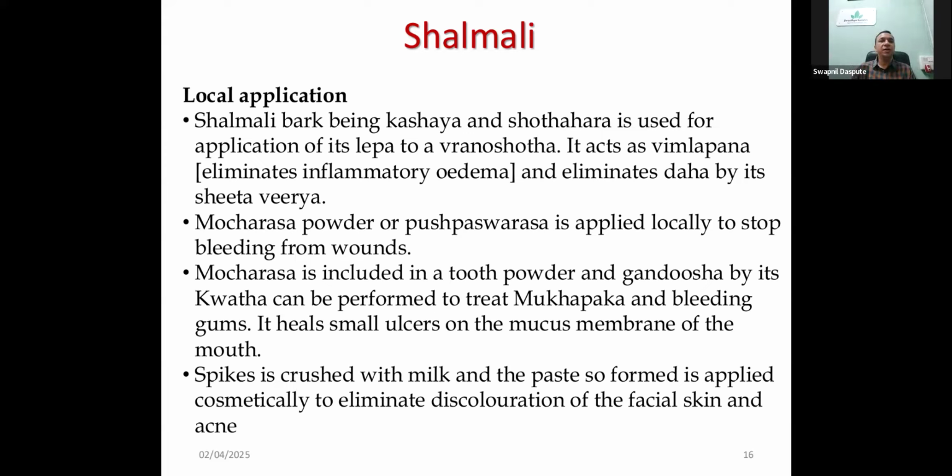It is included in tooth powder. For bleeding gums, it will act very well in tooth powder. I had mentioned in the last lecture, when we were studying herbs, that tooth powder can be a good ready preparation, which can be sold over the counter in your clinic setup, or used in various conditions.